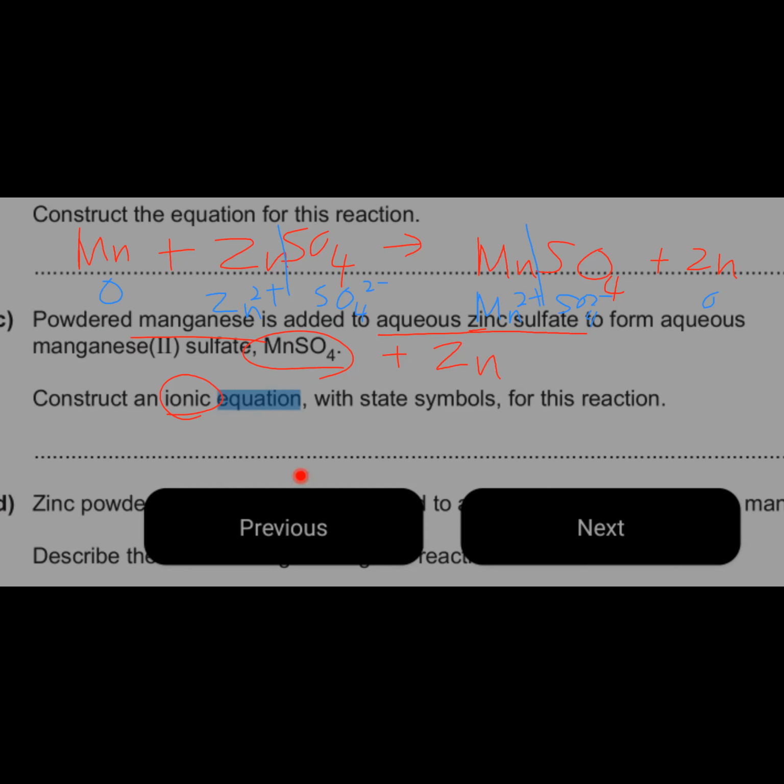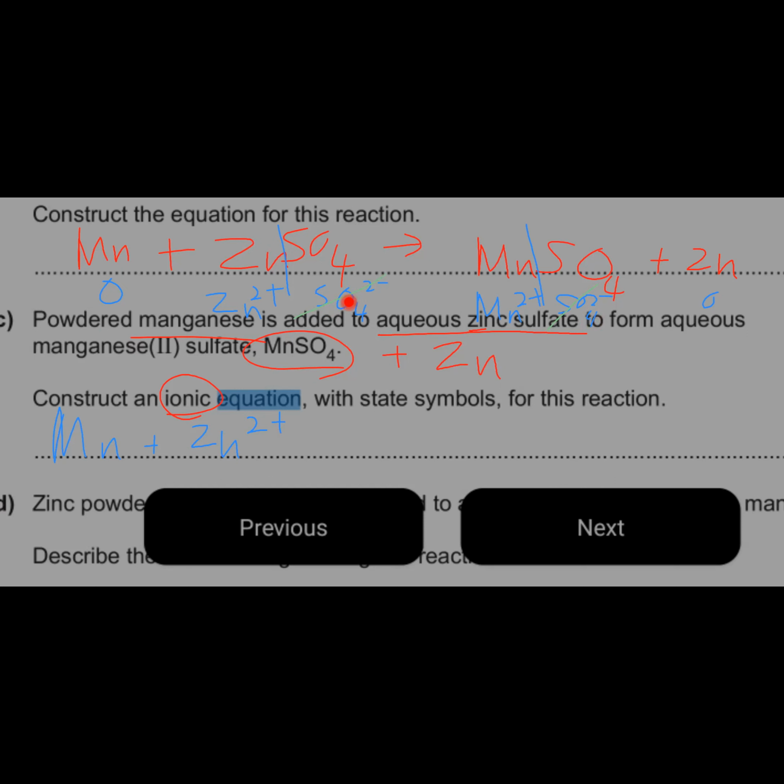You see manganese is there. Now carefully choose them and write here: the element manganese, and zinc 2+ ions, because our sulfate ions are getting cancelled. Why? They are present on either side unchanged, which means they are not really taking part in the reaction.